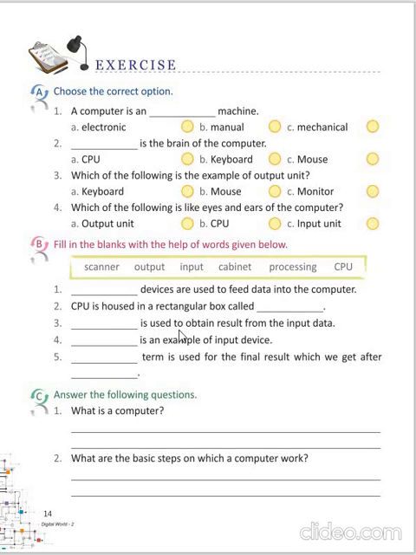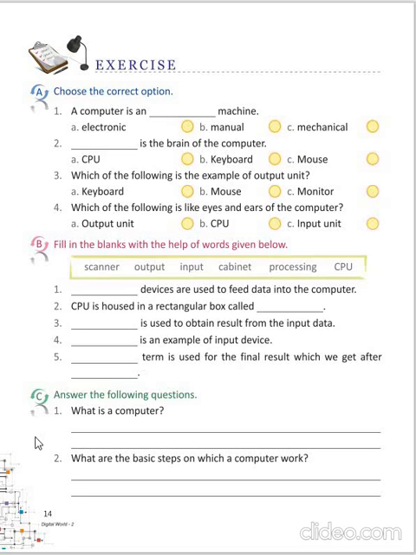CPU is used to obtain result from the input data. Scanner is an example of input device. Output term is used for the final result which we get after processing.